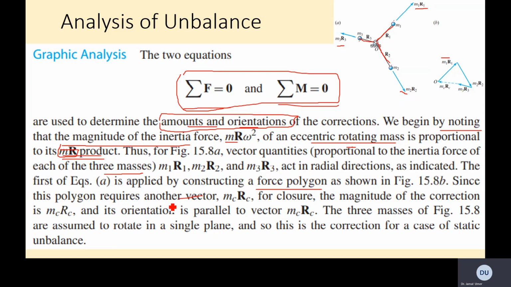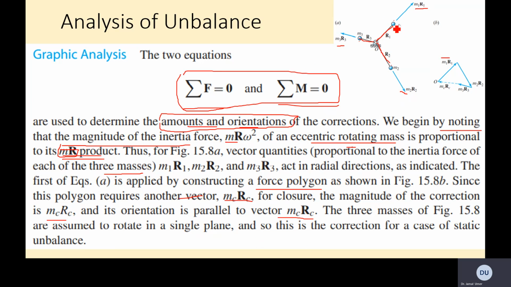Since this polygon requires the vector mcrc, this mcrc stands for correction, right? For correction, the magnitude of the correction mcrc and its orientation are parallel to the vector mcrc. The three masses of figure 1.58 are assumed to be rotating in a single plane. So this is the correction for the case of static unbalance.